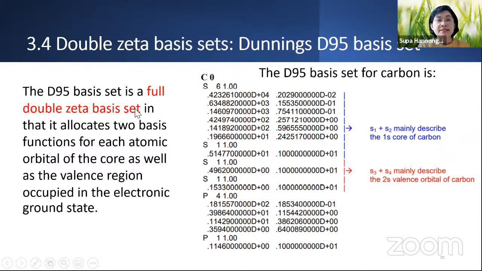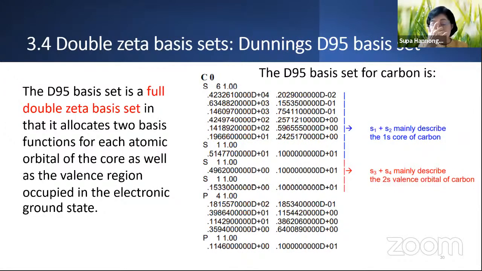It allocates 2 basis functions for each atomic orbital of the core, as well as the valence region occupied in the electronic ground state. In double zeta and triple zeta, we allow valence electrons to have 2 or 3 basis functions, but the Dunning D95 allows all orbitals, even in the core, to have full double zeta.